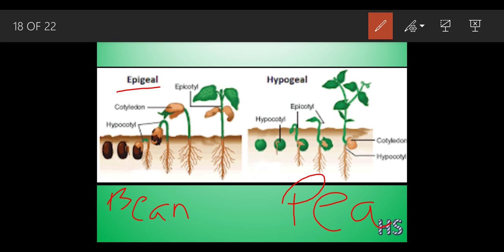In exams they ask you, who shows the hypogeal germination? That is the pea plant. And who shows the epigeal germination? That is the bean. Even the maize shows this hypogeal germination.